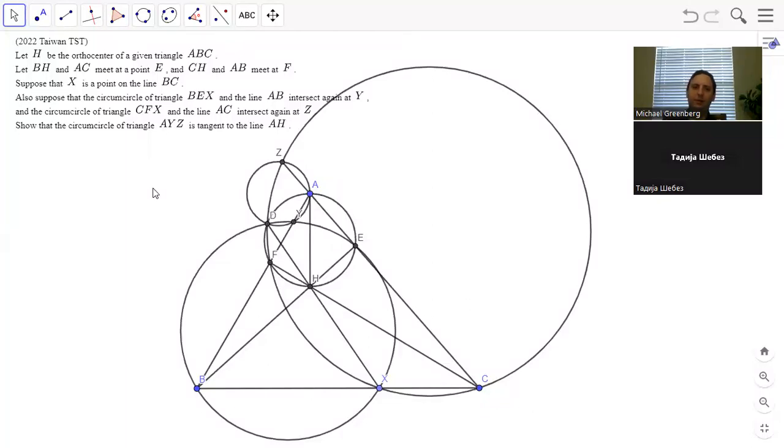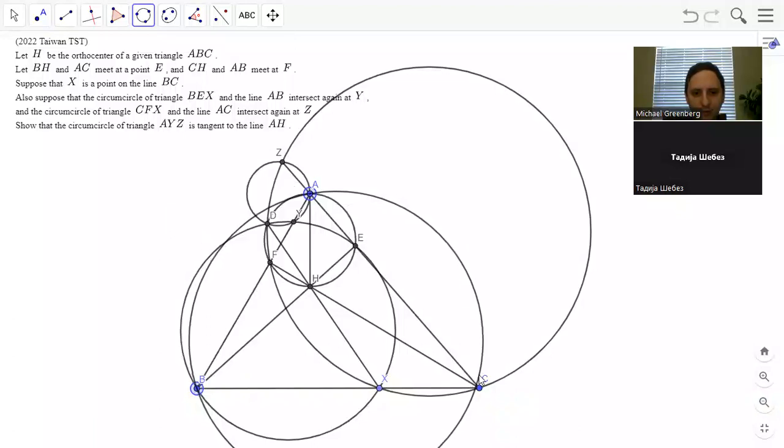Because we have so many circles all meeting at the same point. Doesn't it feel like a Miquel point? Just don't see exactly how to do it. It does feel like it, but I'm not sure.